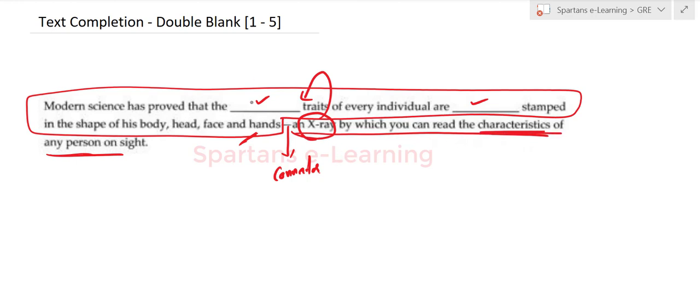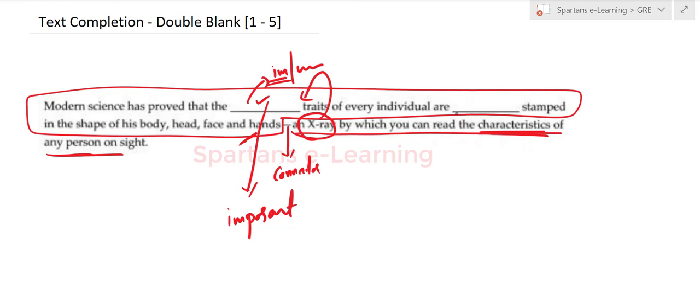These traits could be important or unimportant, but from this statement, that means these are important traits, important characteristics. So blank one is something about important traits. They are important. Why? Because they are used to read the characteristics of any person on sight.